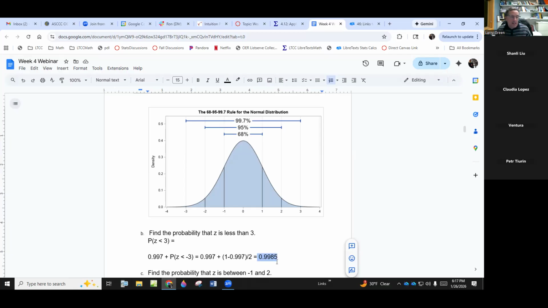Okay. The next question is find the probability that z is between -1 and 2. So -1 to 2. And again, you're going to use this stuff, but you have to do a little basic arithmetic. Okay, so the idea, if we want z between -1 and 2, we can say that's the probability between -1 and 1 plus the probability between 1 and 2.